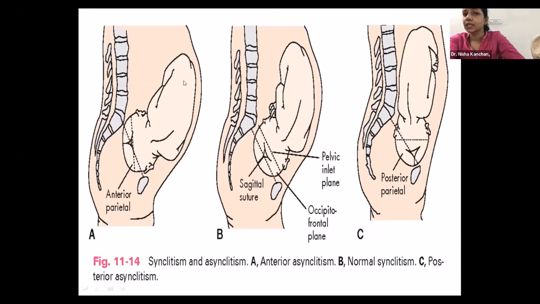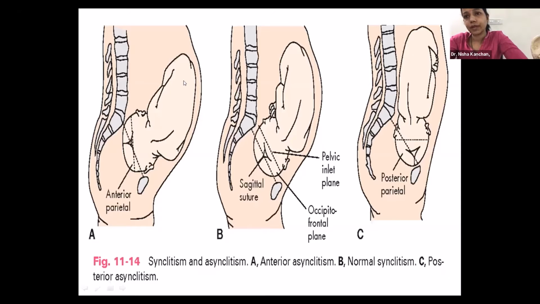So although the sagittal suture is deflected posteriorly, we call this anterior asynclitism, because on PV examination, the bone presenting is the anterior parietal bone. So figure A is showing anterior asynclitism. Another name for this is Naegele's obliquity.